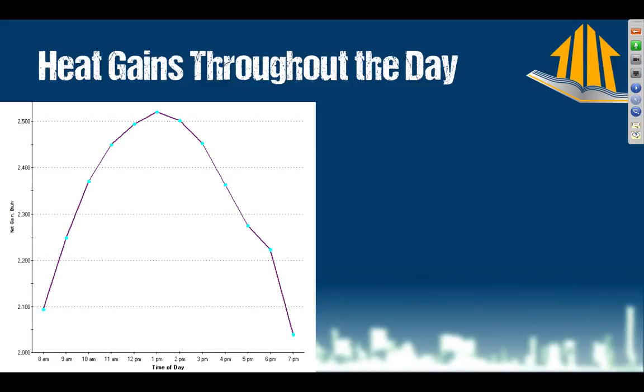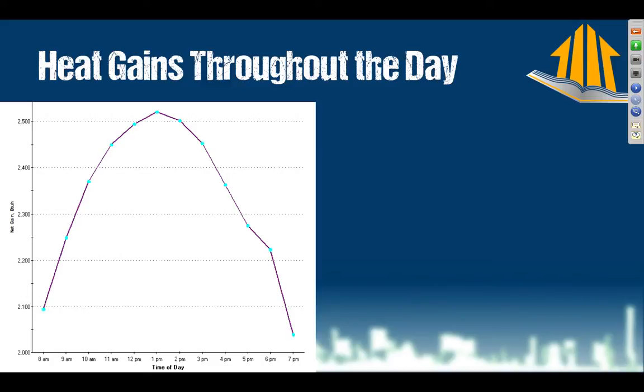And at 1 o'clock in the afternoon, it's going to be as hot inside as it's ever going to be. I'm going to need 2,500 BTUs per hour of cooling to take that 2,500 gain out of the house. And it goes down until 7 o'clock at night when the sun goes down. Obviously, when the sun is down, there's no gain, so we don't have to worry about that.